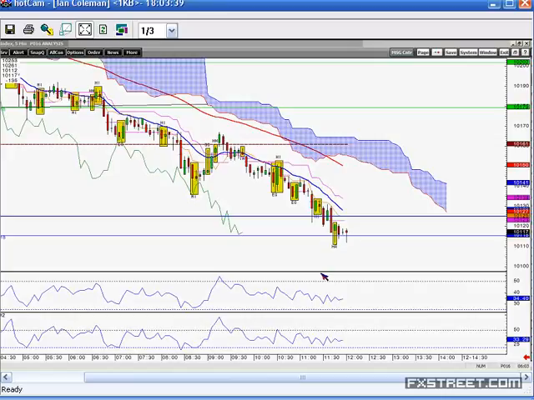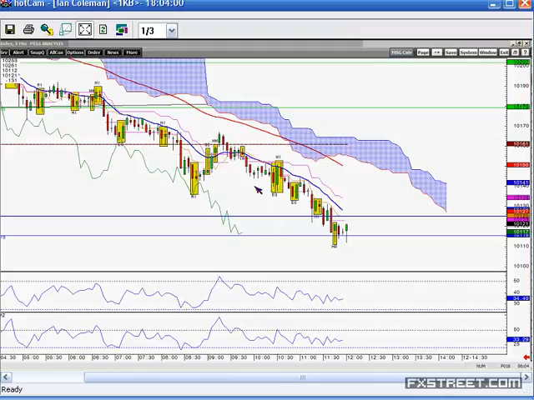I've got two moving averages on there, which I use not just to keep me in the trend, but also as support and resistance levels. Now, you'll see as we go through these different charts that we're going to talk about today, how they work very well for trigger levels.